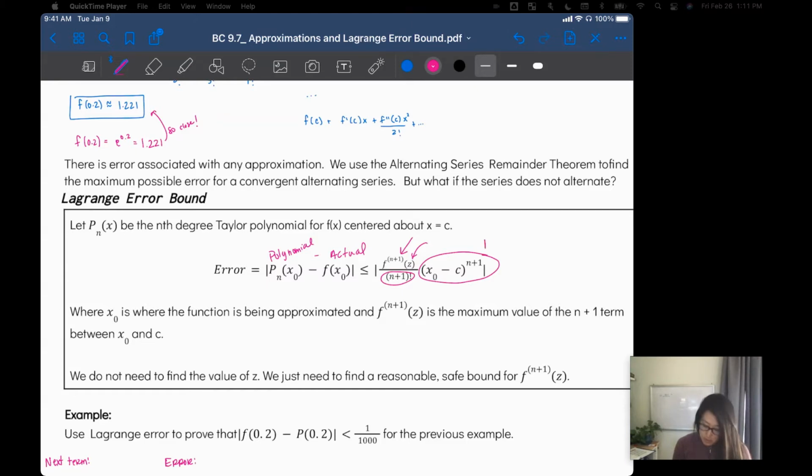So this is really just the next term, like the highest value of what we think the next term is going to be.